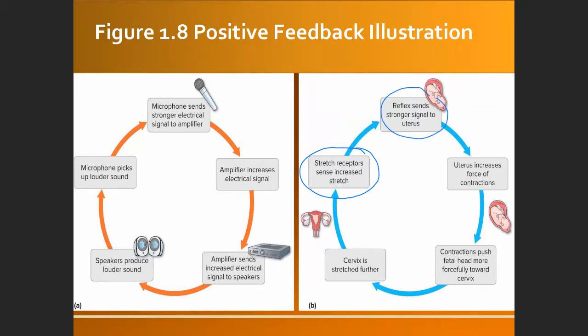The receptor will send the information to the control center, and the control center will produce the order, which goes to the effector, the muscle of the uterus, the uterine wall muscle. And that uterine wall muscle will increase the contraction even more. So the stimulus increases, and the response also increases.